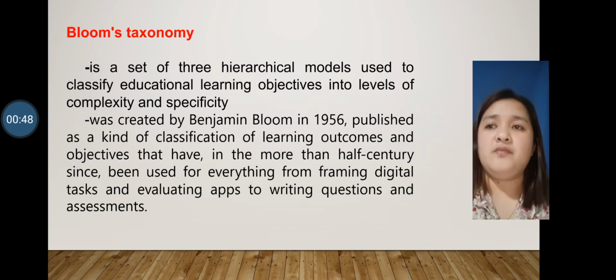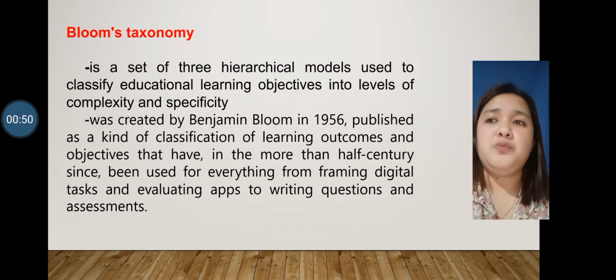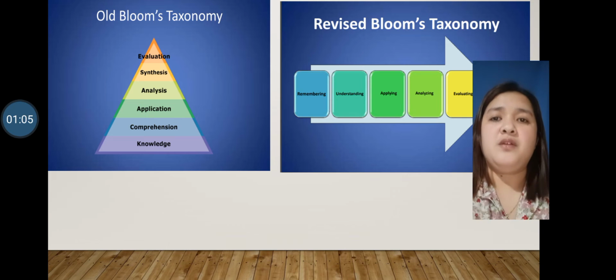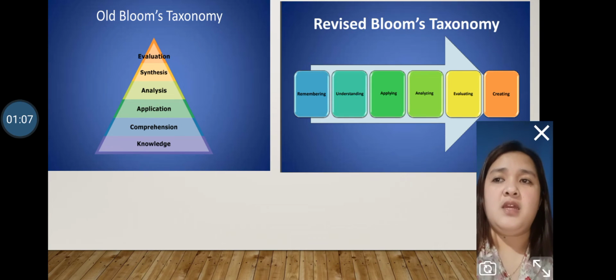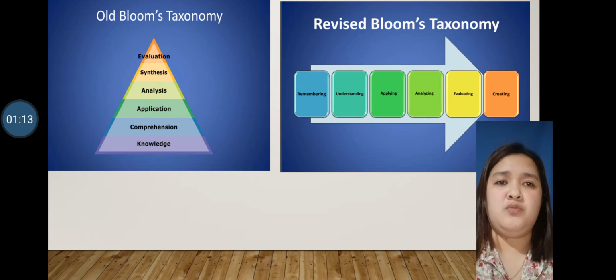So this Bloom's taxonomy is a set of three hierarchical models used to classify education learning objectives into levels of complexity and specificity. So this is the old Bloom's taxonomy and the revised Bloom's taxonomy.